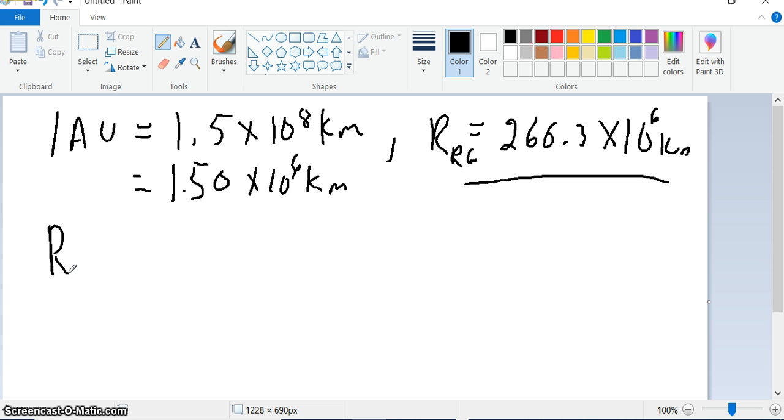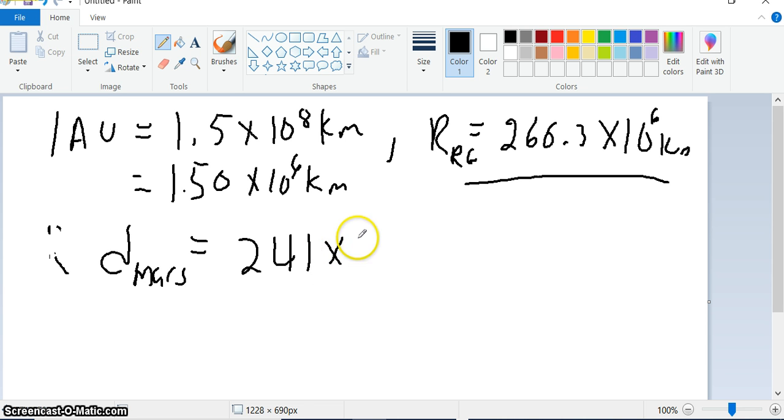Let me use a different symbol for that instead of R. Let's just say the distance to Mars from the sun is 241 million, times 10 to the 6th kilometers.